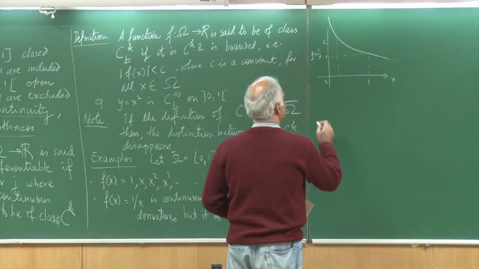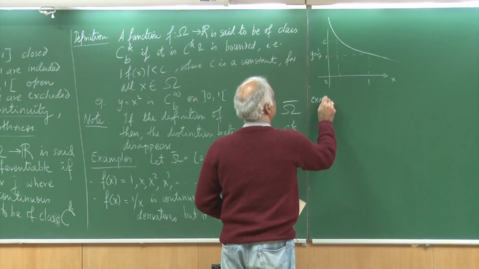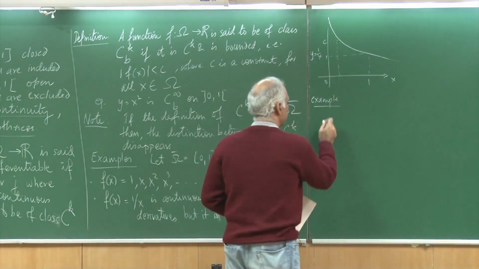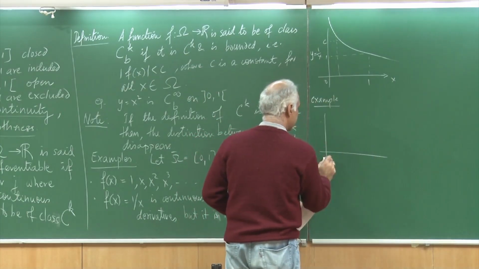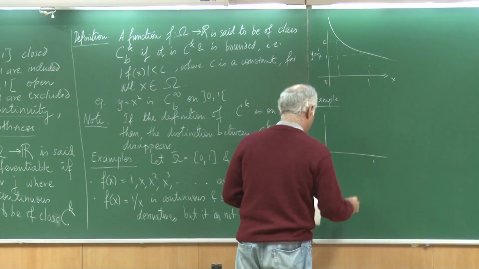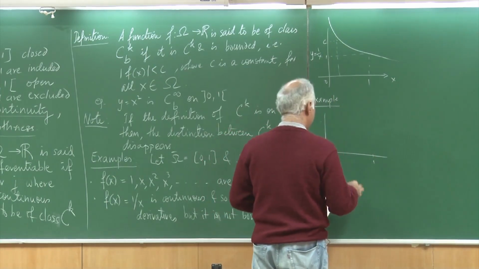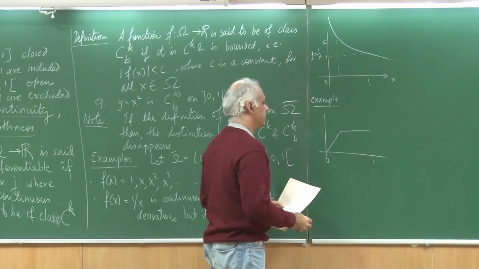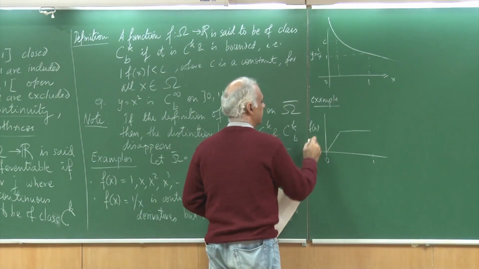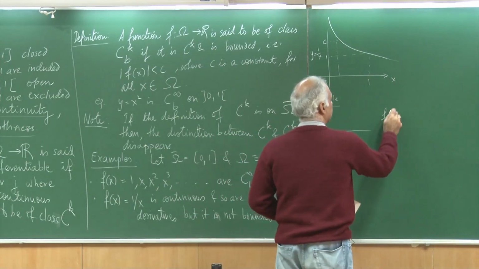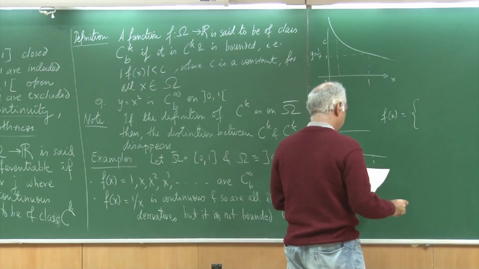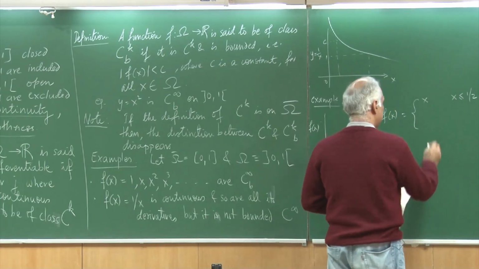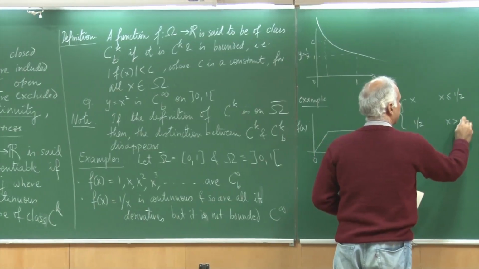Let's look at another function, another example which is very typical of a finite element function. Let's look at this function between 0 and 1, and suppose it looks like this. So this is f of x. Let me define f of x as x for x less than or equal to half, and half for x greater than half.